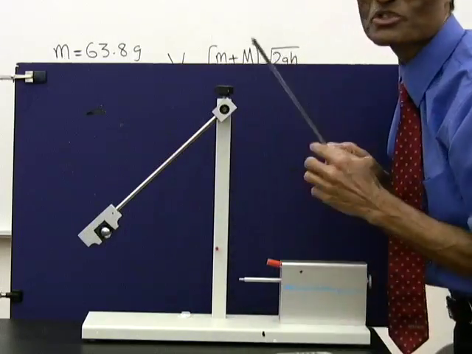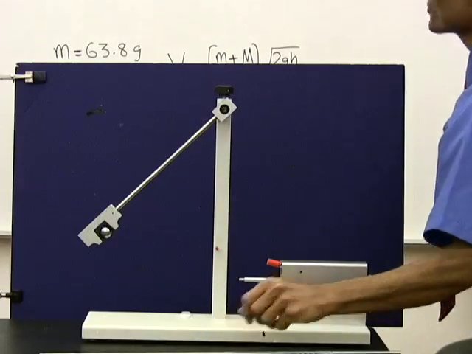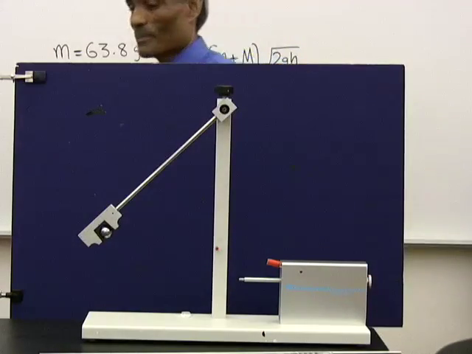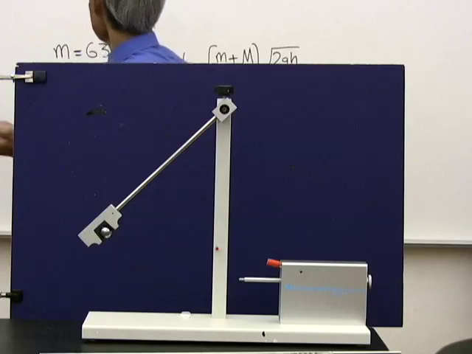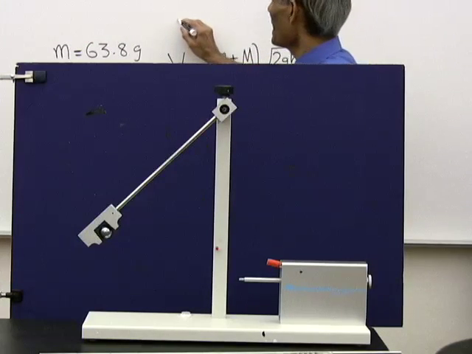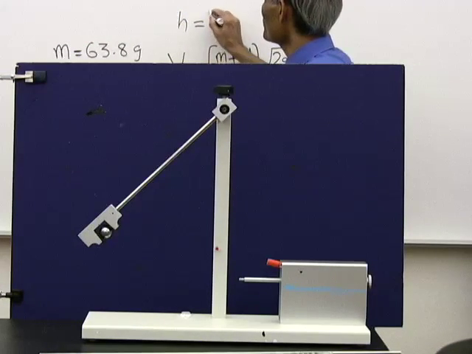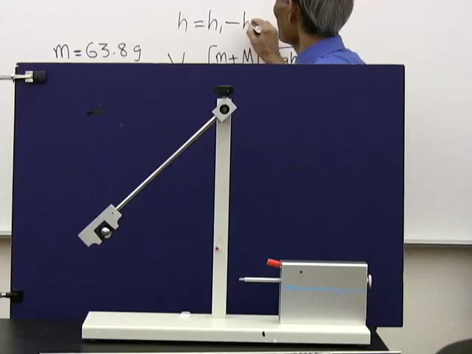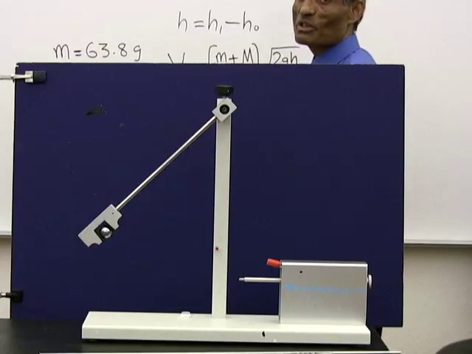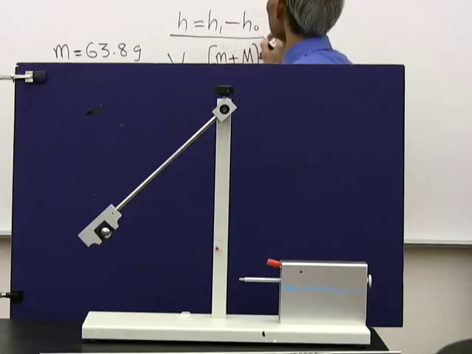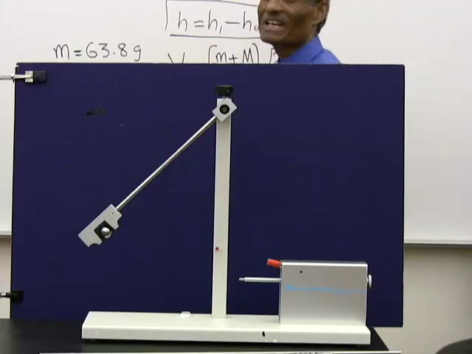So you have h0 and h1, and calculate your h as h equal to h1 minus h0. That is the height the ball is raised.